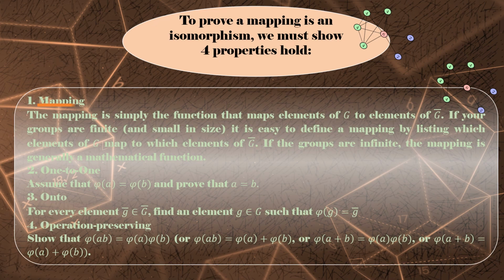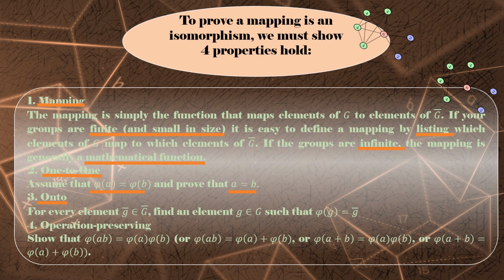First, mapping. The mapping is simply the function that maps elements of G to elements of G bar. If your groups are finite and small in size, it is easy to define a mapping by listing which elements of G map to which elements of G bar. If the groups are infinite, the mapping is generally a mathematical function. Second, one-to-one. Assume that phi of A is equal to phi of B and prove that A is equal to B. Third, onto.